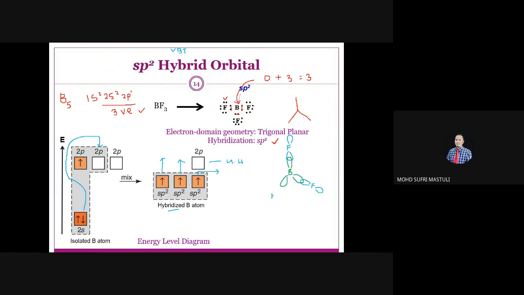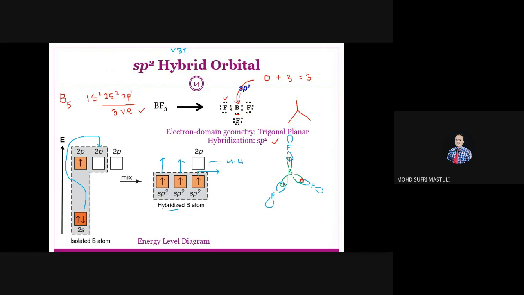In each overlapping area, there is a spin up and a spin down.